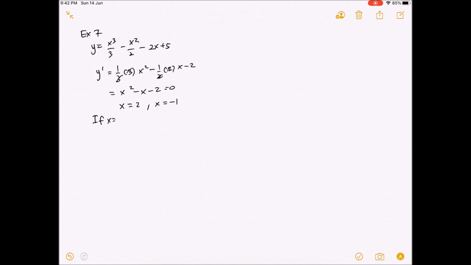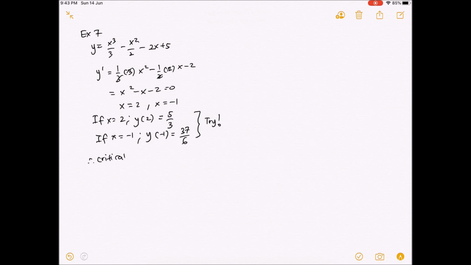Again, if x equals 2, your y of 2 will be 5/3. You can calculate it by yourself. If x equals -1, then your y of -1 will be 37/6. Please try these two and calculate them yourself.